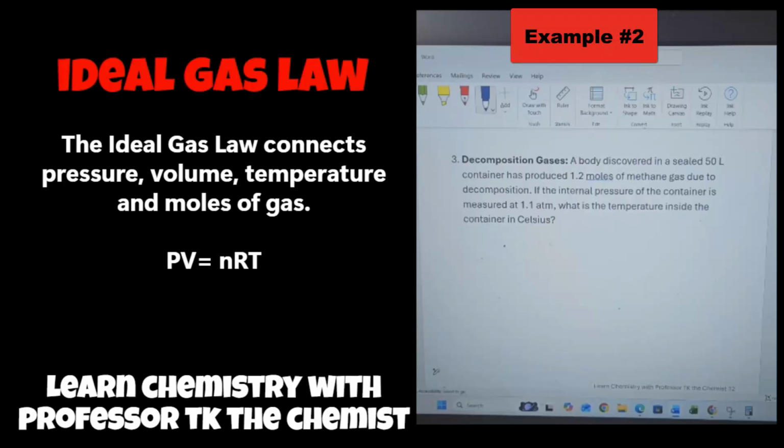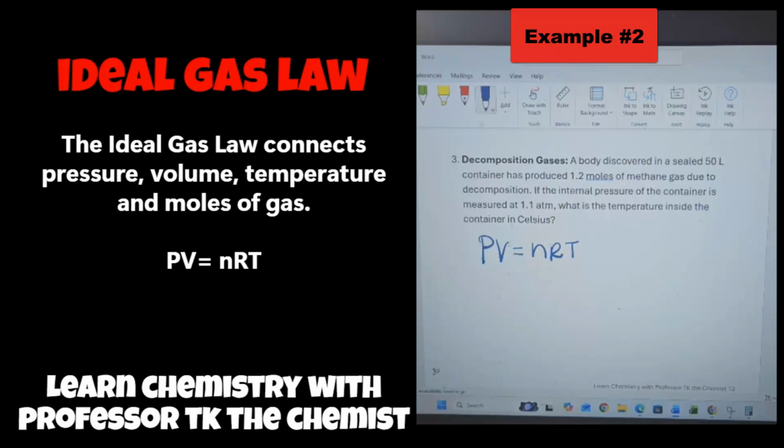Now, I'm interested to see this one, okay? Remember, this is the ideal gas law. However, because they said, what is the answer in Celsius? First, you need to put it in Kelvin. Then you're going to get the answer in degrees Celsius by subtracting, okay?